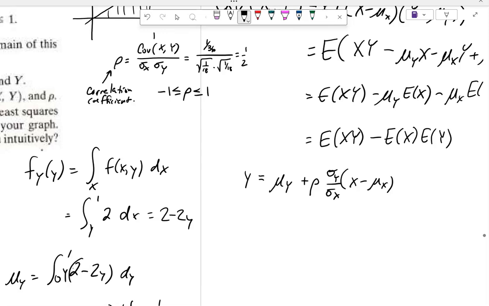So in our case, when it asks you to calculate the least squares line, your mean for y was a quarter. Not a quarter, that's a third. I wrote a third and said a quarter. Your mean for y was 1/3. Your correlation coefficient was 1/2. Your standard deviations were both square root of 1/18.